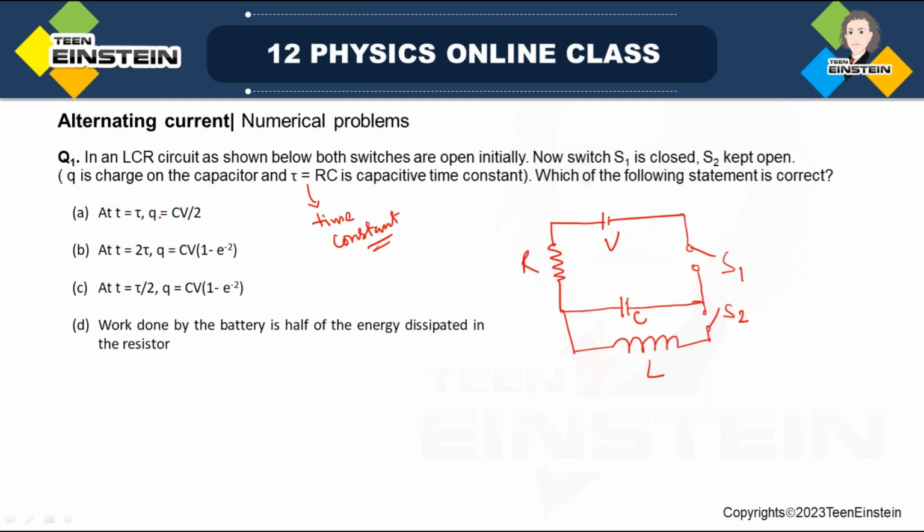When t is equal to tau, Q is equal to CV by 2. When t is equal to 2 tau, Q is equal to CV into (1 minus e to the power minus 2). At t is equal to tau by 2, Q is equal to CV into, I guess, yeah. The last option is: work done by the battery is half of the energy dissipated in the resistor.